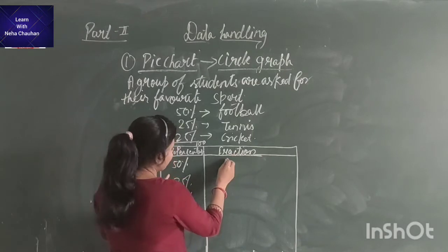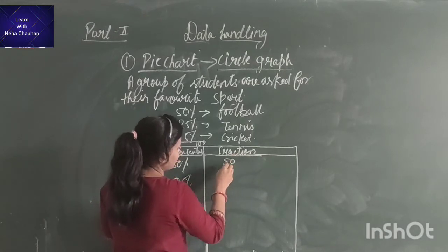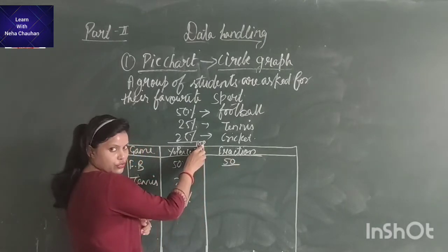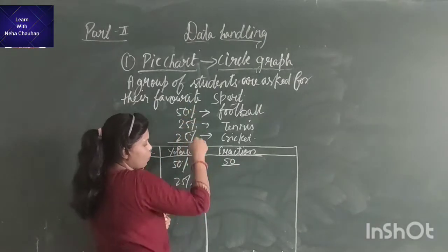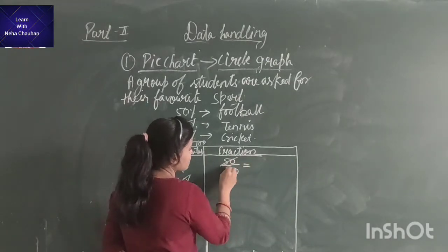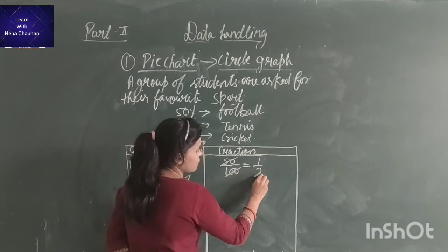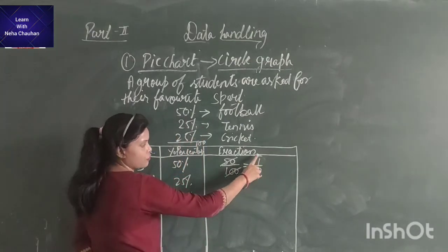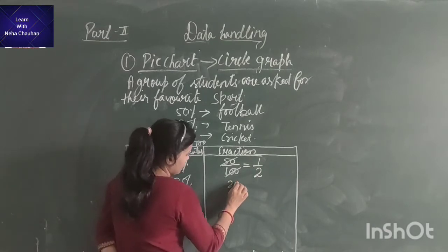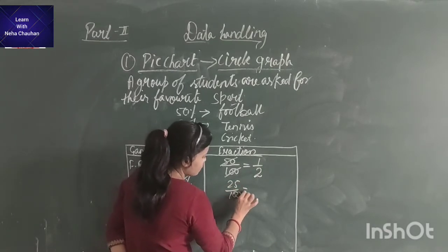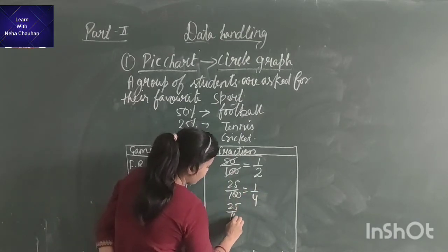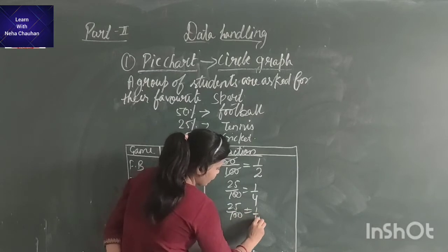So for the fraction, we will take the percentage given over the total percentage, 100. On solving, we will get 1 by 2 for football. Now for tennis, 25 divided by 100 will be 1 by 4. Cricket, 25 divided by 100, will be 1 by 4 as well.